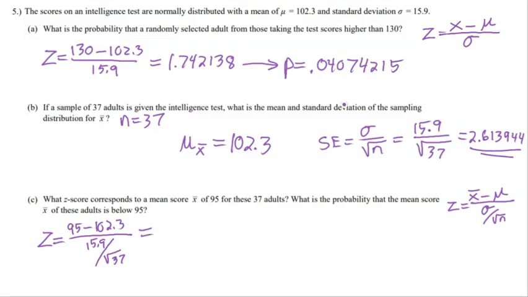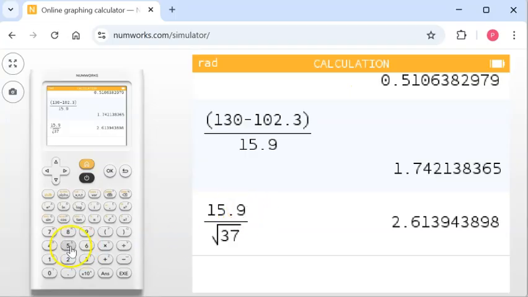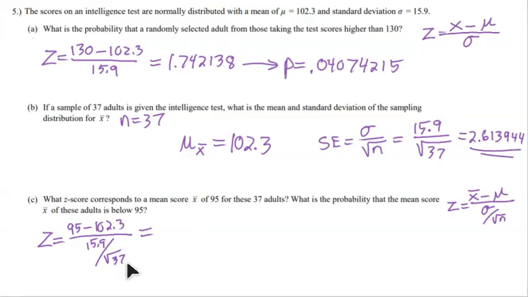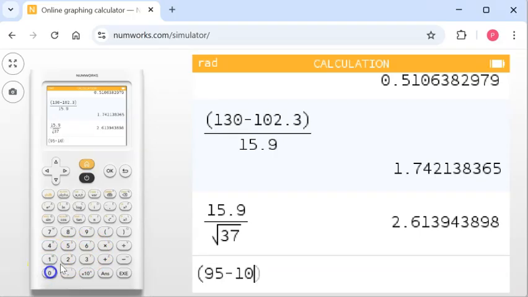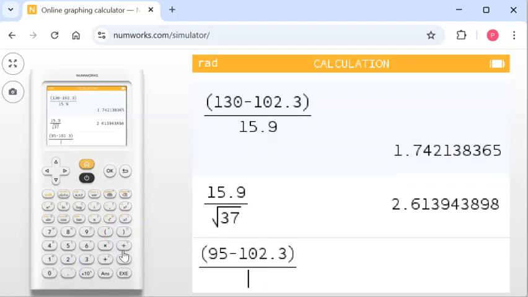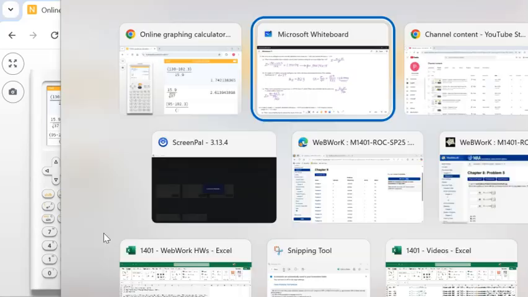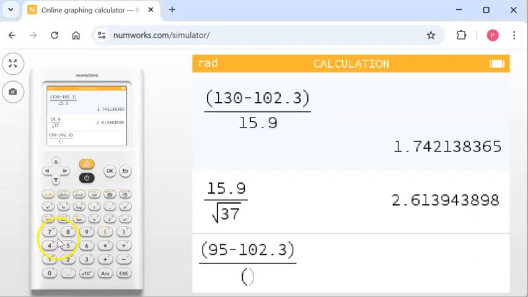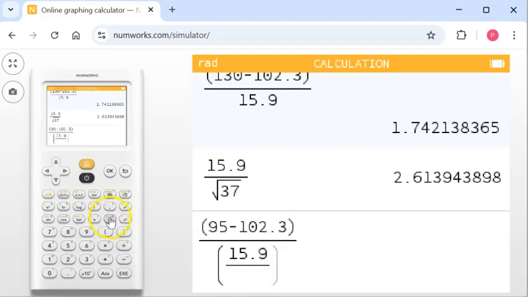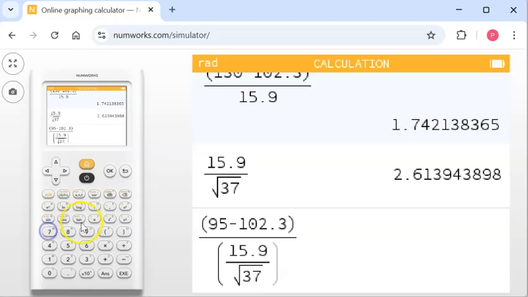So we're going to do parenthesis 95 minus 102.3, close parenthesis, divided by, and now parenthesis, standard deviation, which is 15.9, divided by the square root of 37.